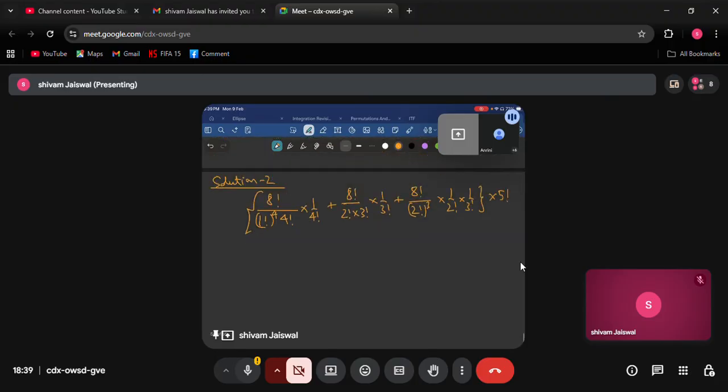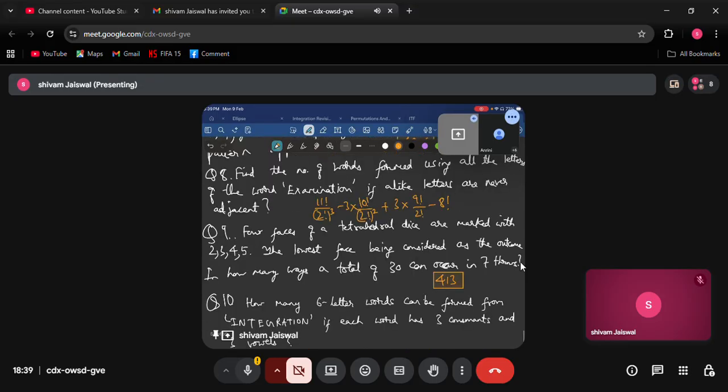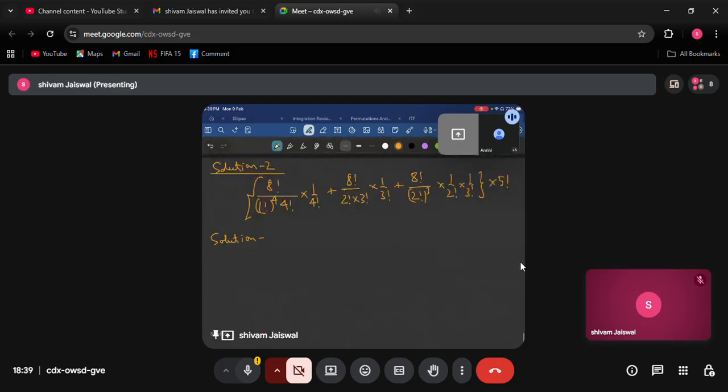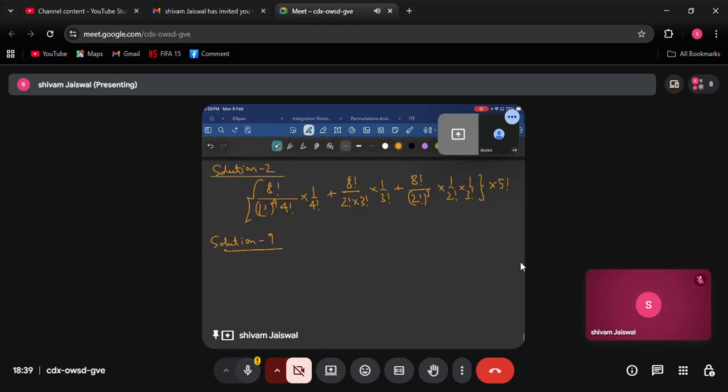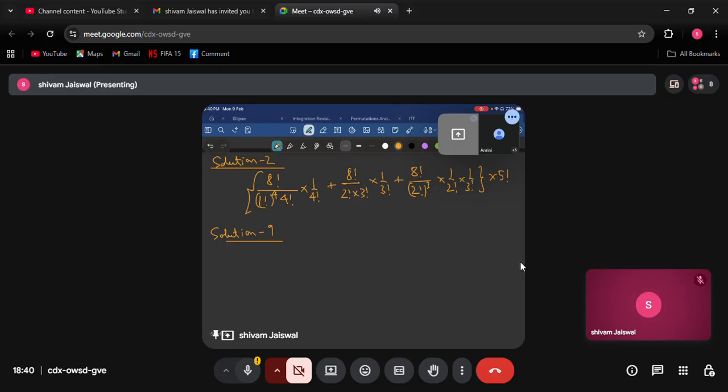You know what a tetrahedral is? Tell me. This is number 9. Over here, there are 7 throws and the sum should be equal to 30.